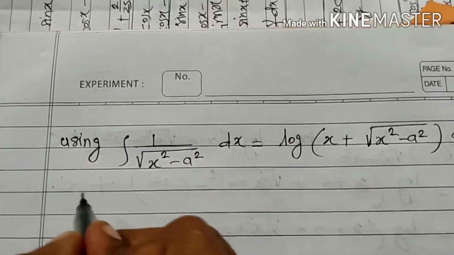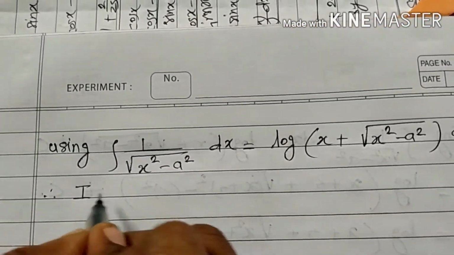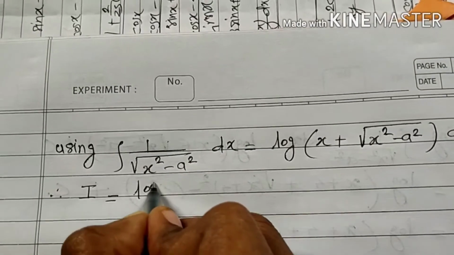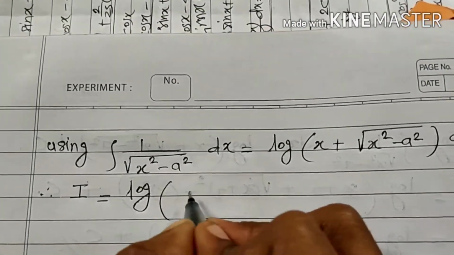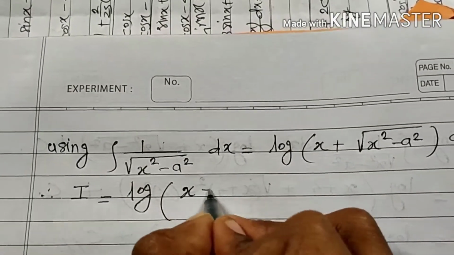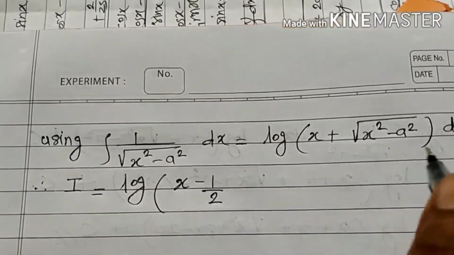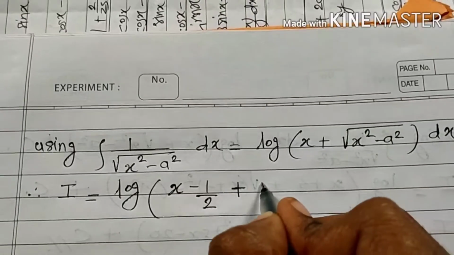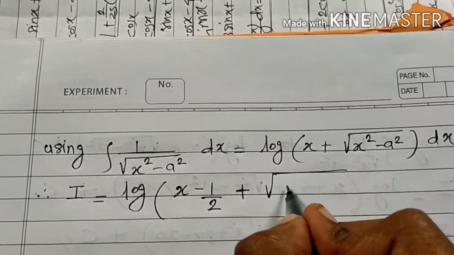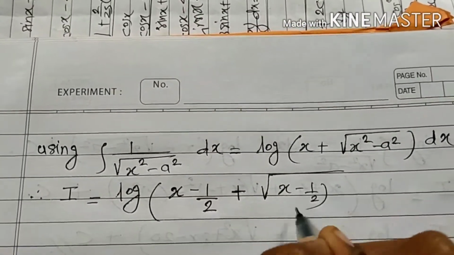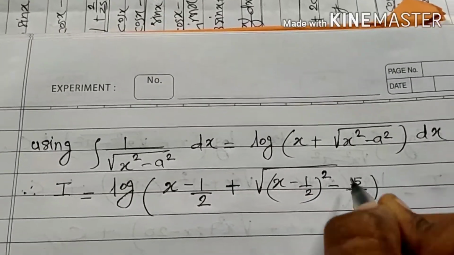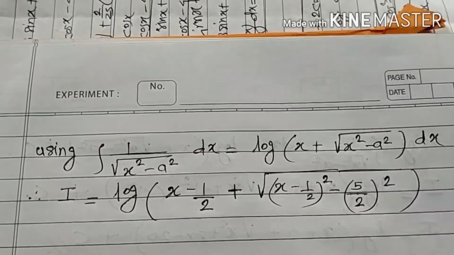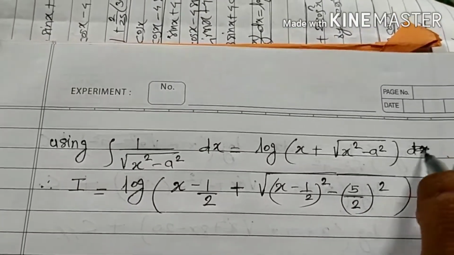Therefore I is equal to log, what is x here? So x is x minus 1 by 2 plus under root of x minus 1 by 2 whole square minus 5 upon 2 whole square plus c. Sorry, here is plus.